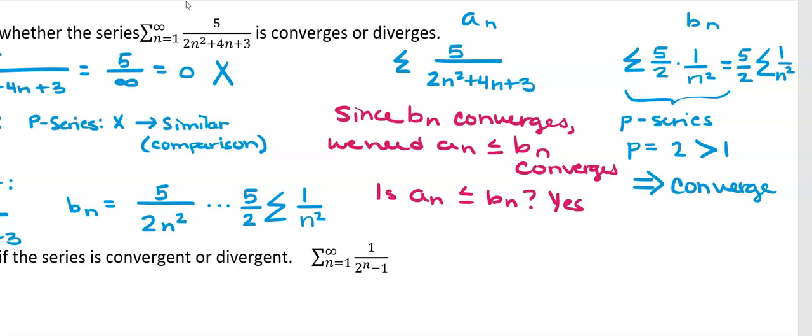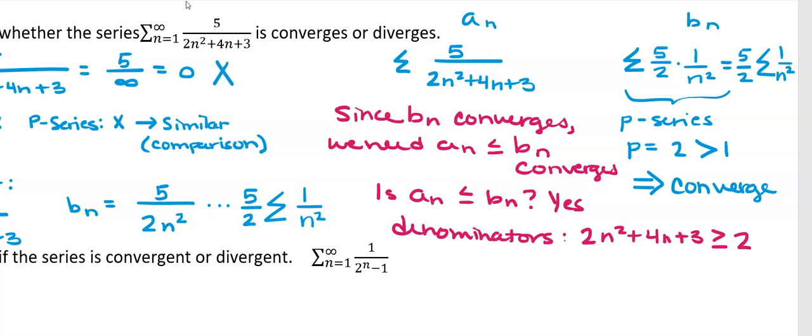Comparing the two denominators, we have our 2n squared plus 4n plus 3, which is going to be larger than or equal to the denominator of our b sub n.